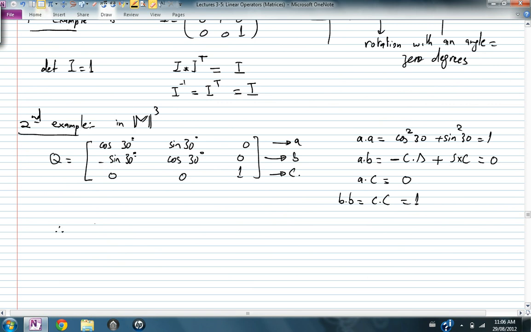Therefore, Q is an orthogonal matrix. And notice, I haven't said it's a rotation or a reflection yet, because that will depend on the determinant. Now, the determinant of Q will be equal to cosine square 30 plus sine square 30, and verify this calculation, of course.